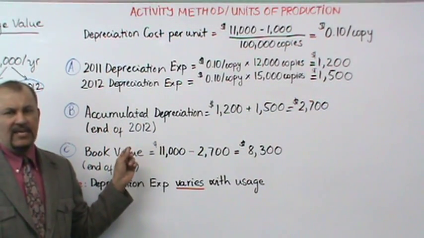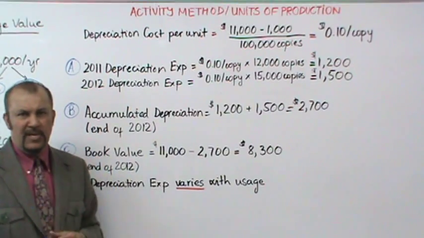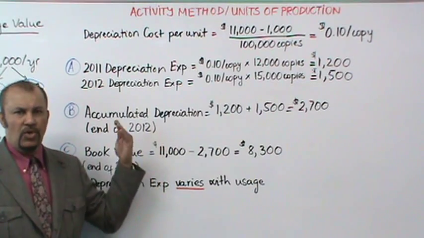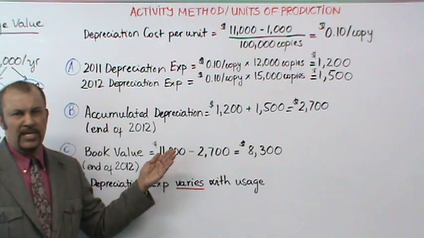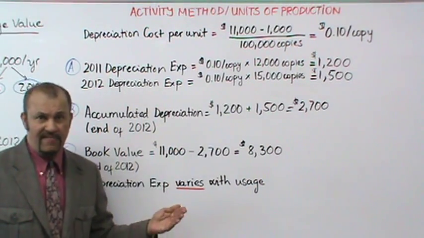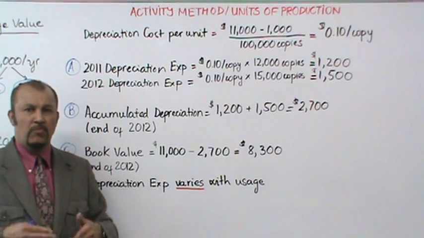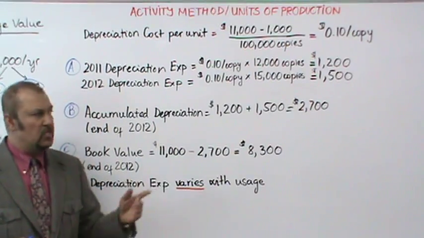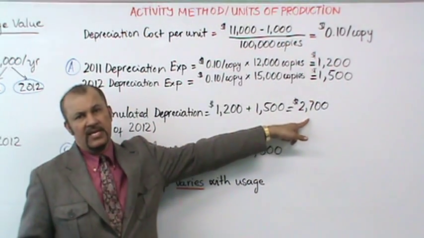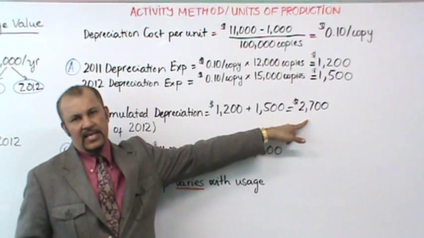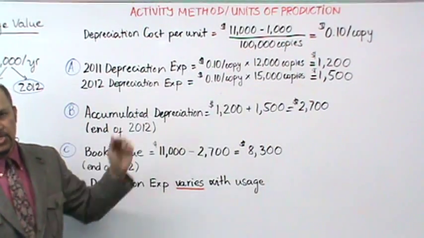So your AD, I'm using AD as a short form for accumulated depreciation, your AD at the end of 2012 is your 2011 depreciation expense plus your 2012 depreciation expense. So we have 2 years of depreciation expense that we will have taken at this point. When you combine the two numbers together, that gives us $2,700. This is our AD at the end of 2012 under this method.